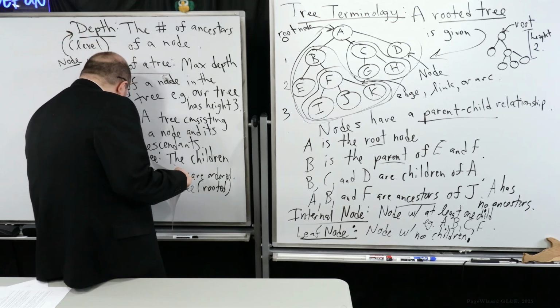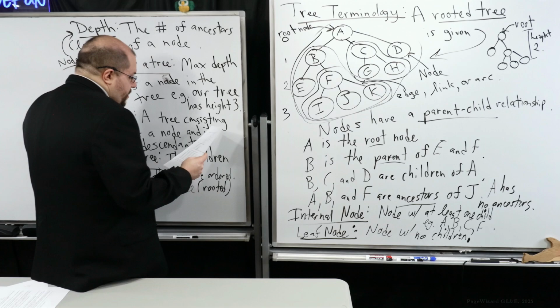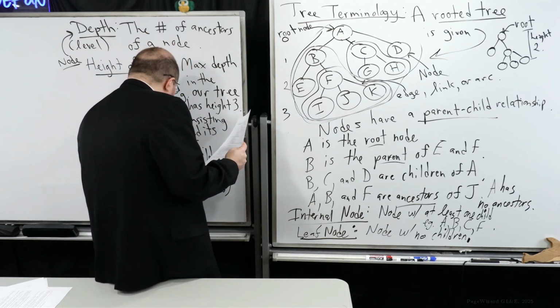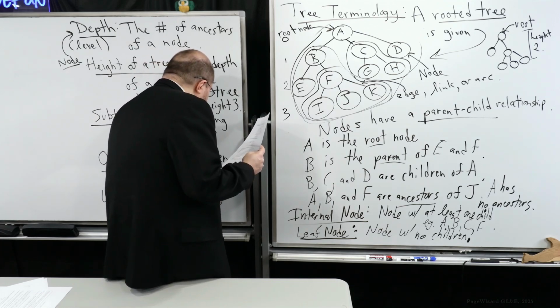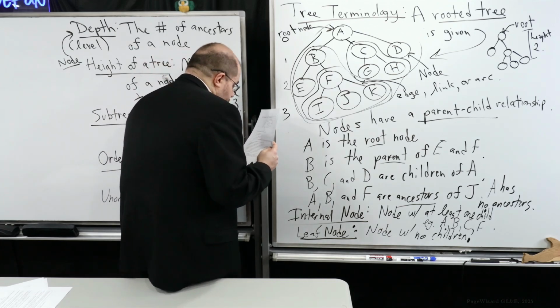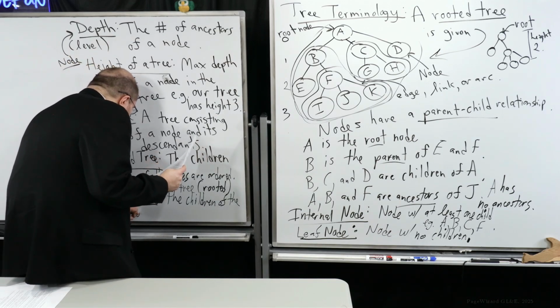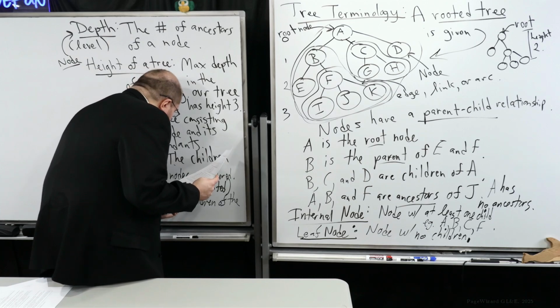So we have an unordered tree, where the children of the nodes are unordered.